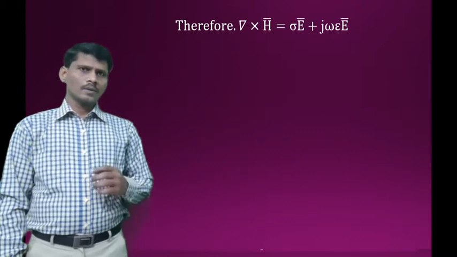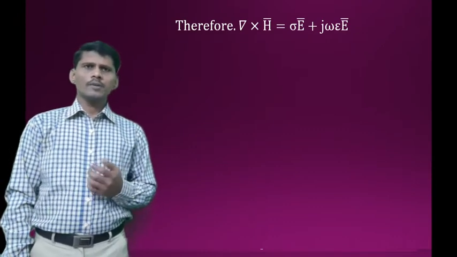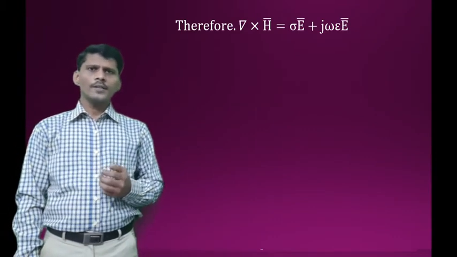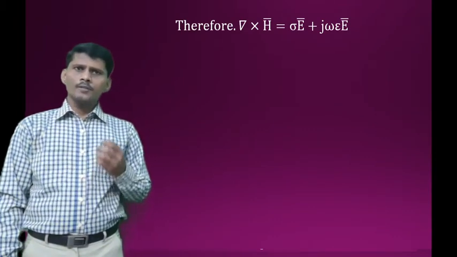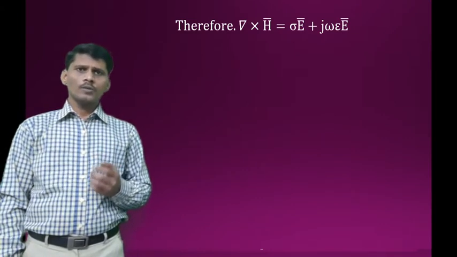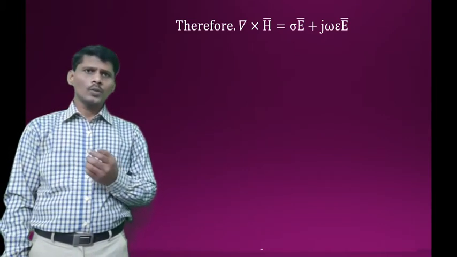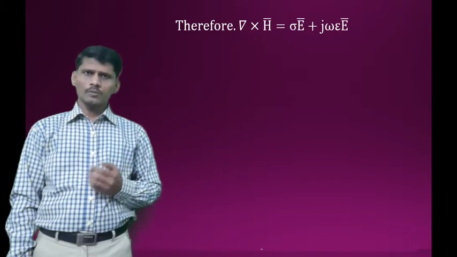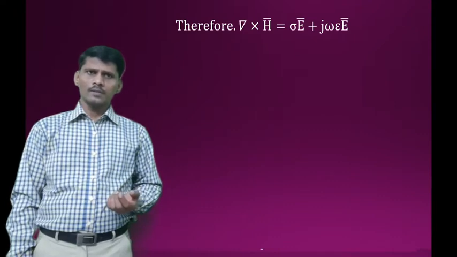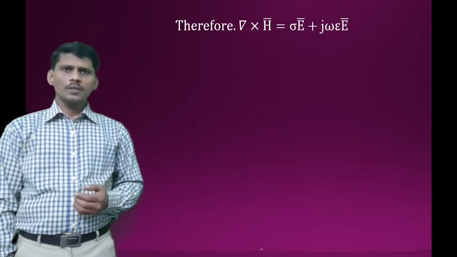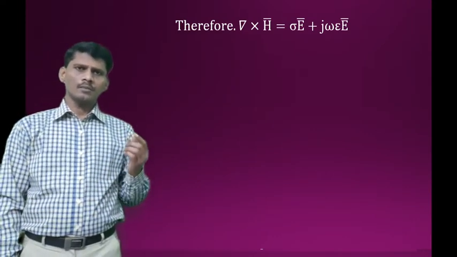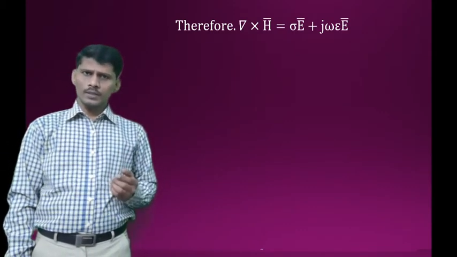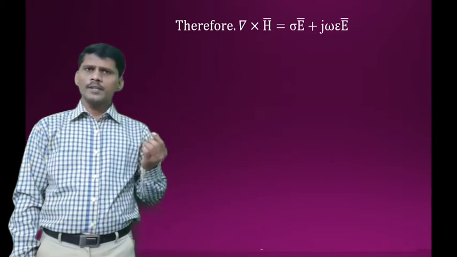For a harmonically varying field, the electric flux density is defined as D bar is equal to D naught into e power j omega t. Differentiating D bar with respect to time t, we get dou D bar by dou t is equal to j omega into D bar.